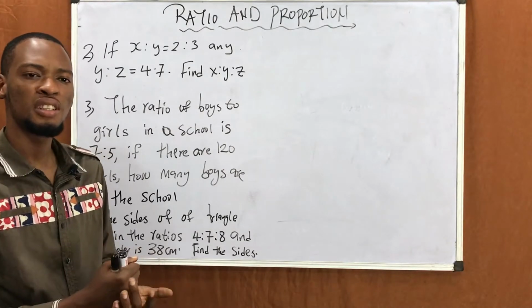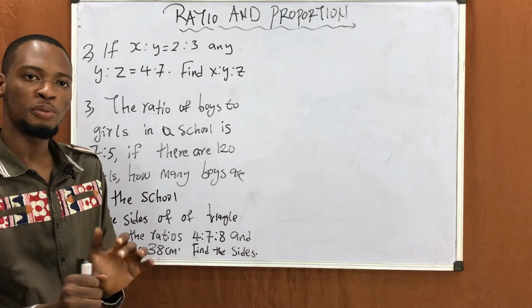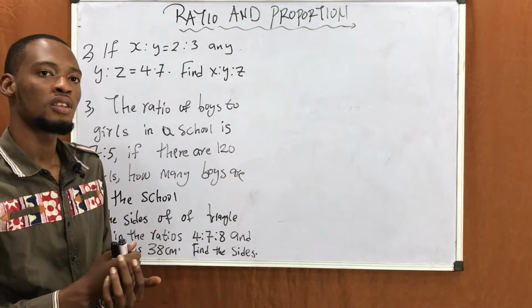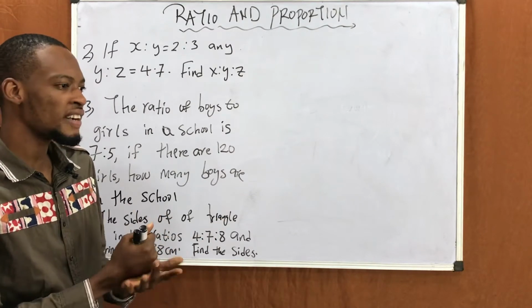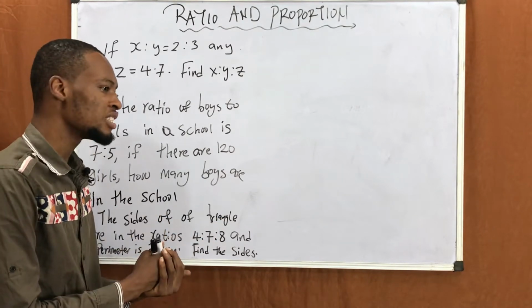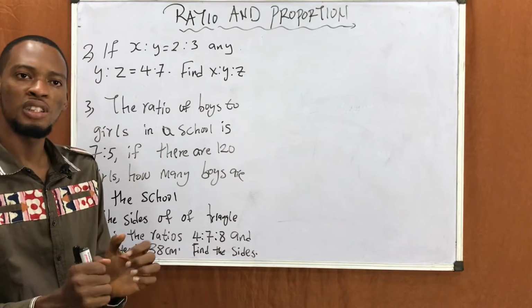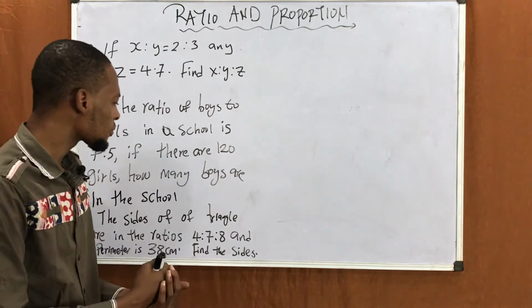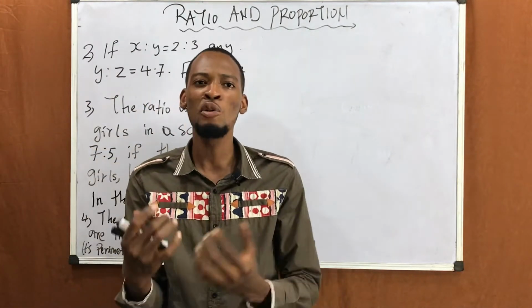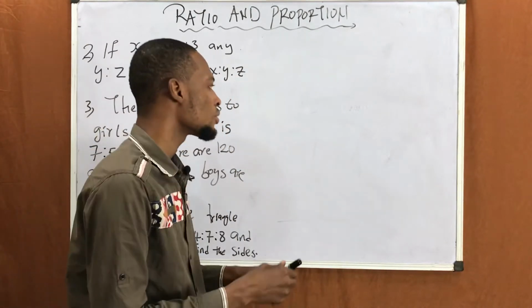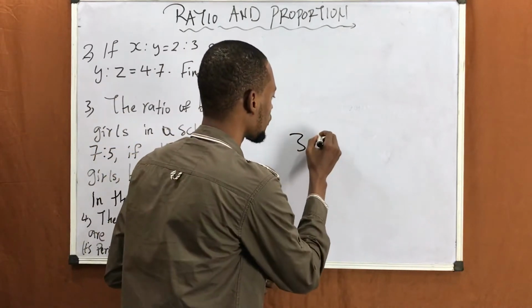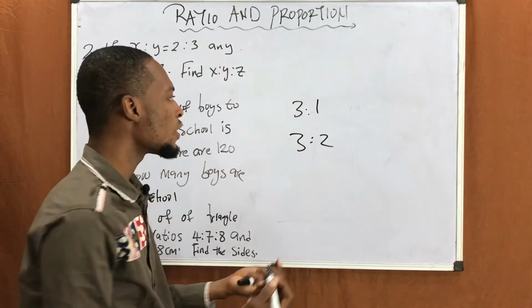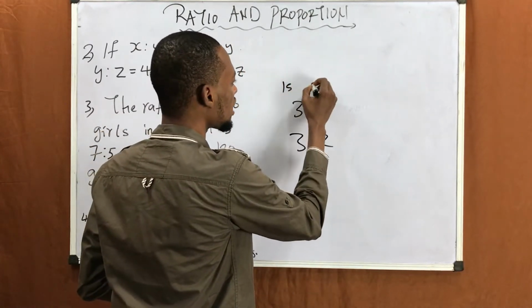We solved for a committee of 20 people in the ratio of 3:1. After solving, we discovered that there were 15 men and 5 women in the committee, which is 3:1. We are told how many women we are to add to make the ratio 3:2. In 3:1, we have 15 men and 5 women.